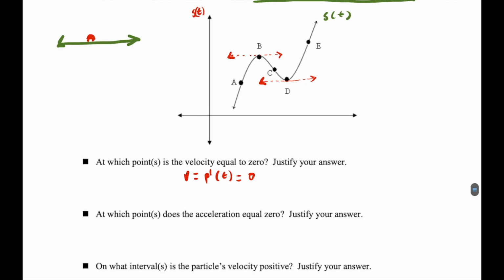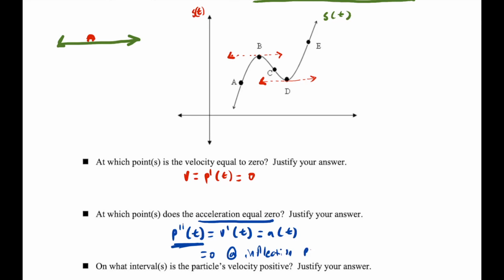At what point does acceleration equal 0? Okay, so acceleration is the second derivative of position, is the derivative of velocity, and that's acceleration. Your second derivative equals 0 at inflection points, right? It's where your first derivative is neither increasing nor decreasing, where you're going from concave up to concave down.